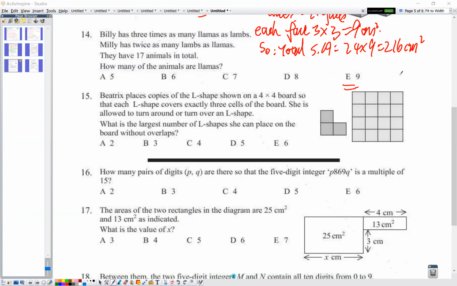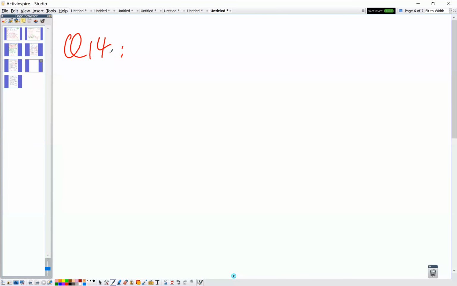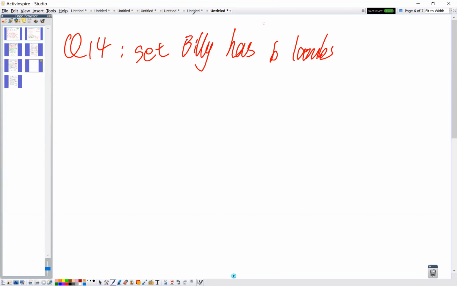Okay, let's explain this one. We can use an equation to work it out. Question 14. We can set that Billy has B names, and 3B, this recorded numbers. So B numbers here.